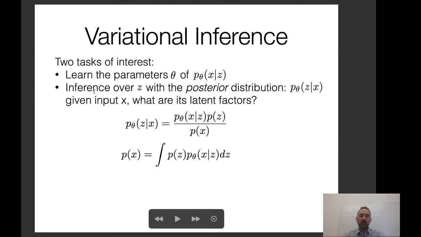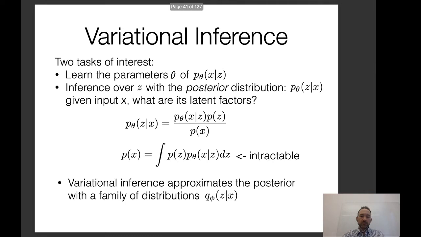Another thing we'd like to do is inference over z with the posterior distribution, which means that given the parameters theta, we'd like to calculate the probability of z, and maybe even the more likely z's, so we could sample from them and make sure that we are able to find sampled latent variables that give us good likelihood. But that is intractable down here.